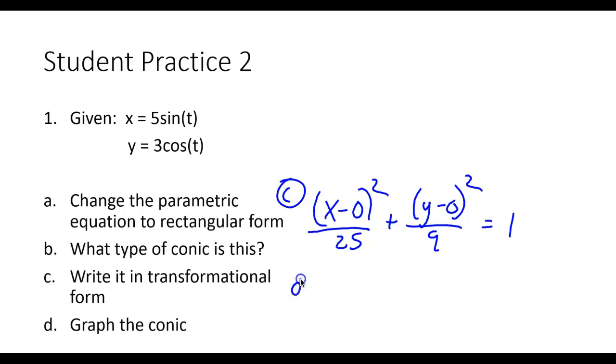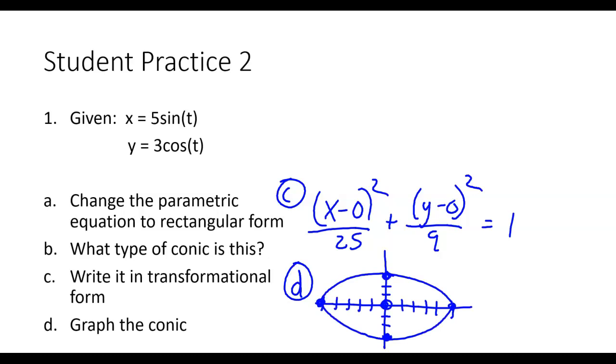All right, we're ready for part D. So go ahead and pause the video here and see if you guys can graph your ellipse. When you unpause the video, I'll have the answer up for you. And there's our answer. The center is at 0, 0. It's the h and the k that we just filled in there. And when it comes to an ellipse, they have an x radius and a y radius.